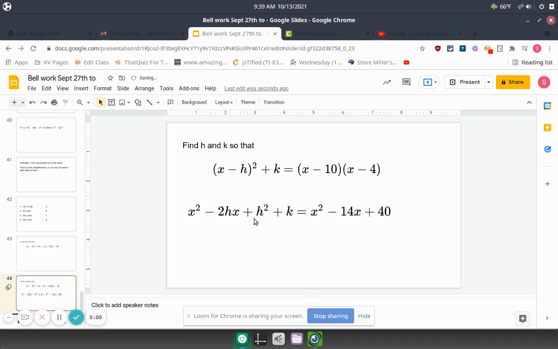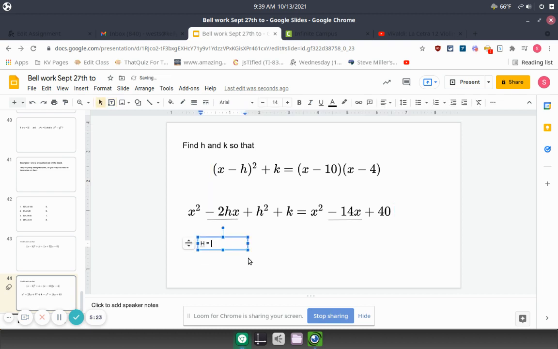So what I want to do is look at the parts that are equivalent here. This negative 2hx has to match up with the negative 14. So just from that, hopefully you can tell what h has to be. h is going to have to equal 7, because 2 times 7 gives you the 14.